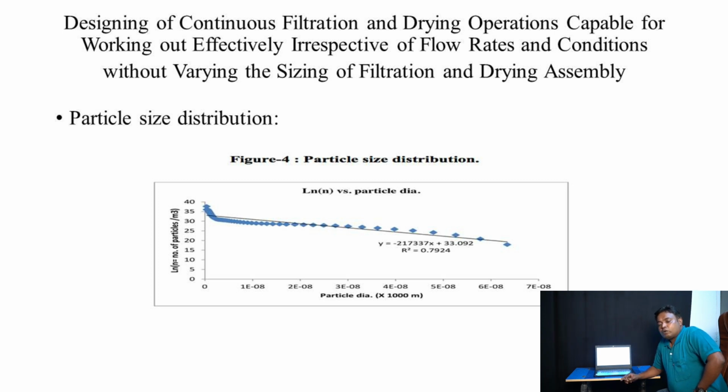if two sets of experiments are carried out, and in both sets the mean particle diameter is the same, but the particle size distribution is different, then the obtained zeta potential might be different.